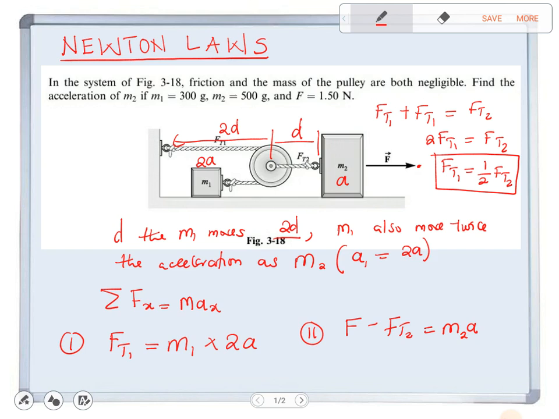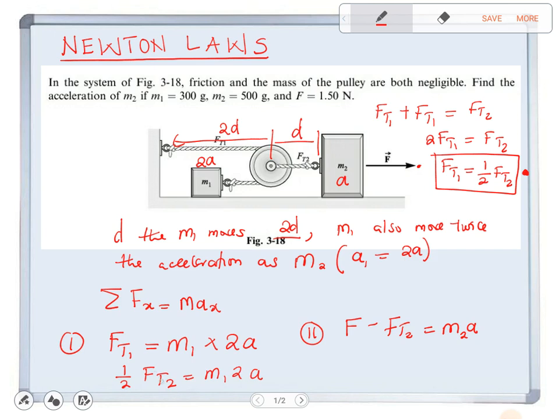So now that we've established these equations, we can do the replacements. But remember what we said here, this is very important. So now, I think the question is even done. We can just do the replacements and we'll be done. Know that FT1 is this one. So where there is FT1, we are going to put half FT2, which is equal to M1 times 2A.